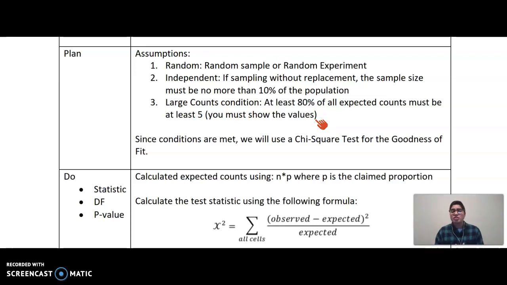Now, if these conditions are met, we will use a chi-square test for goodness of fit. Notice I'm not dealing with 1 or 2 samples because I'm looking at the overall claim here. I'm looking at the overall sample makeup. So I'm not zooming in, but I'm actually zooming out this time. So I'm really looking, what did I observe and how does this match against what do I expect?